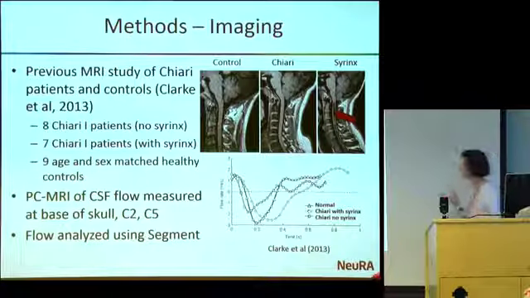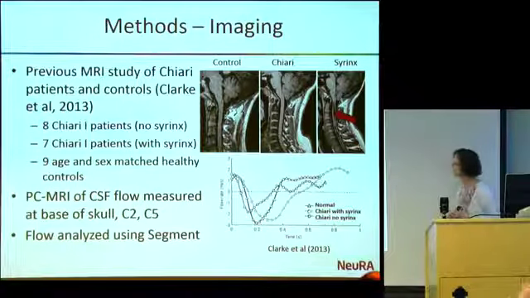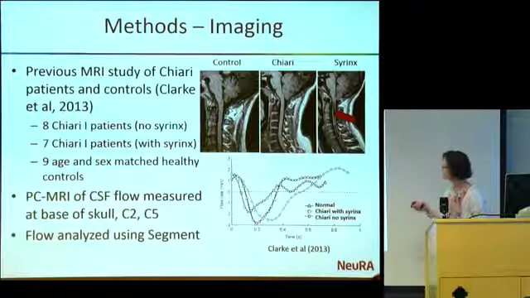So this was a reanalysis of an existing MRI study that was done by Liz Clark, and she was working as a postdoc with me a few years ago. And in this we had 8 Chiari patients without a syrinx, 7 with a syrinx, and 9 age and sex-matched healthy controls. We did cardiac-gated phase contrast MRI at the base of the skull, C2 and C5.